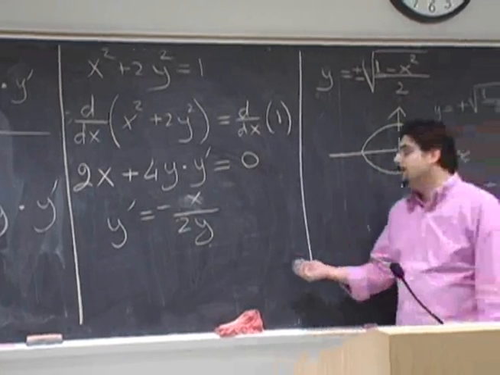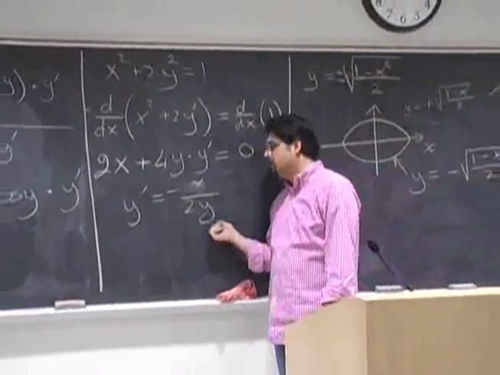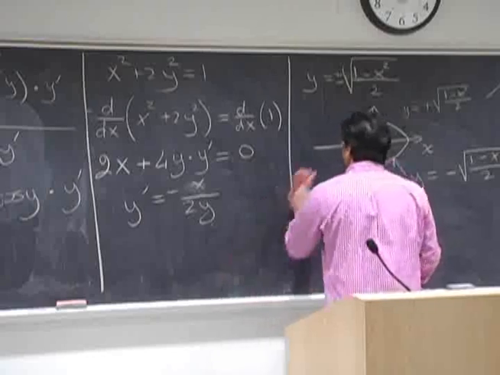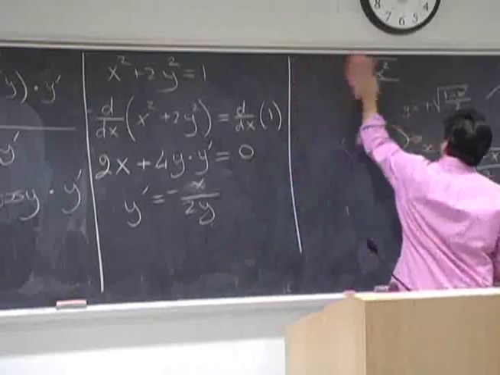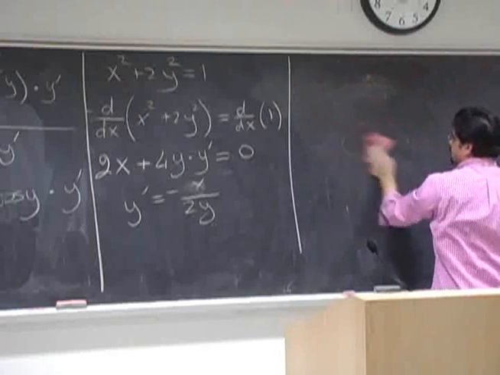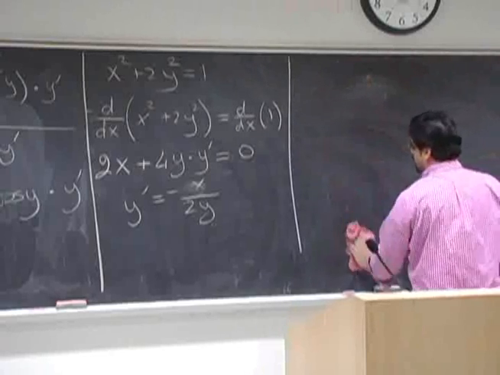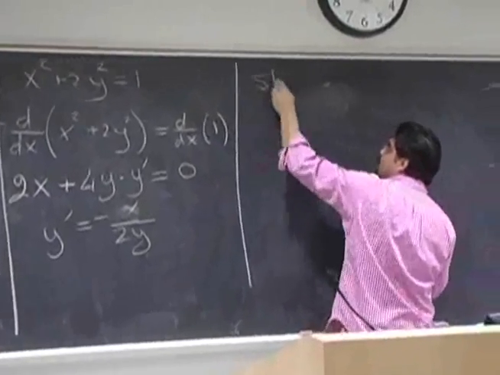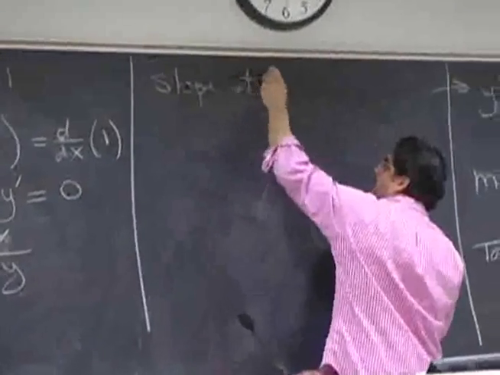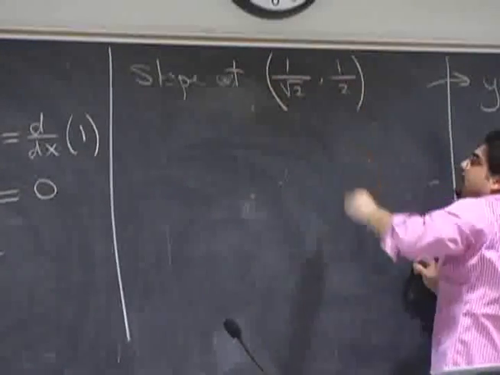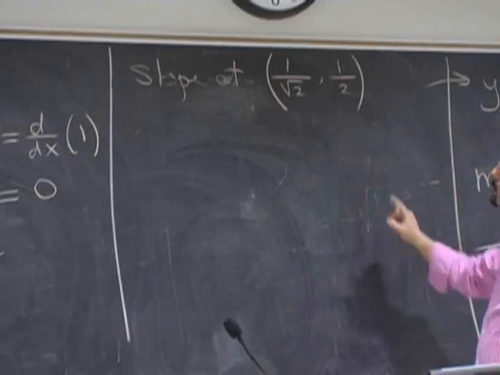Okay, but then you say, wait a minute, y prime is not in terms of x alone. But that's okay, because I want the slope at this point.